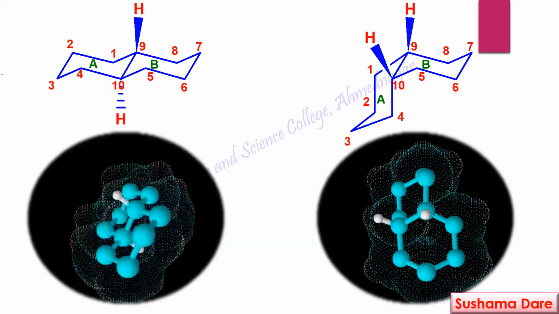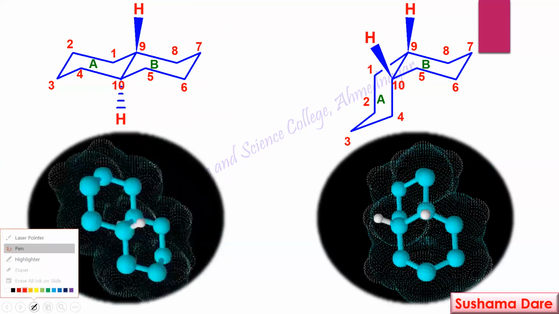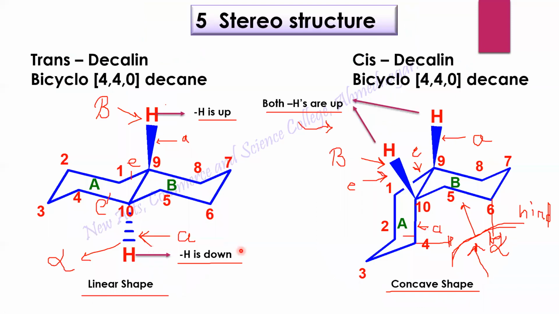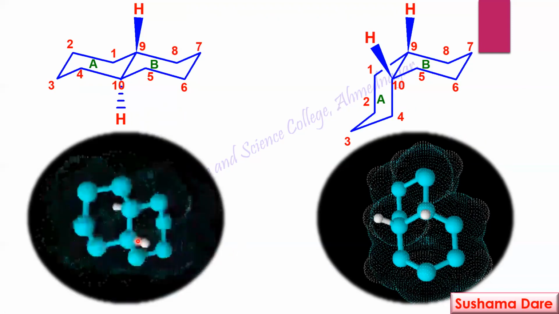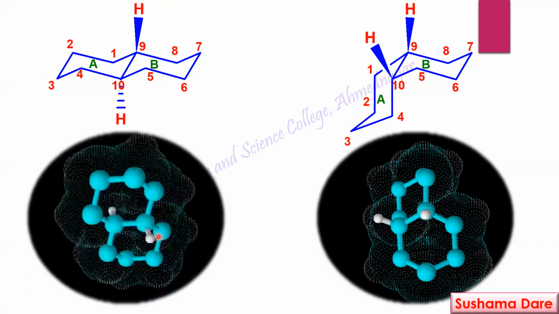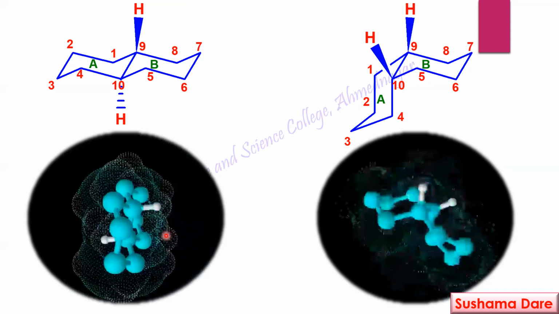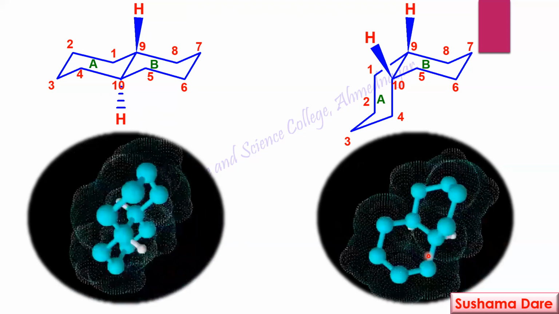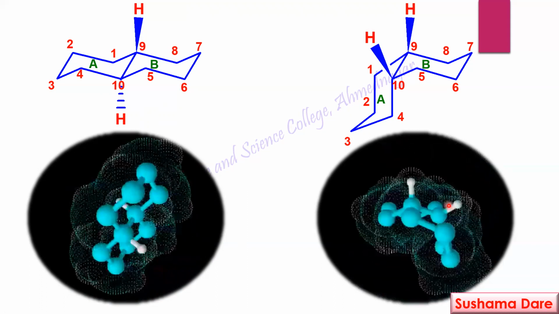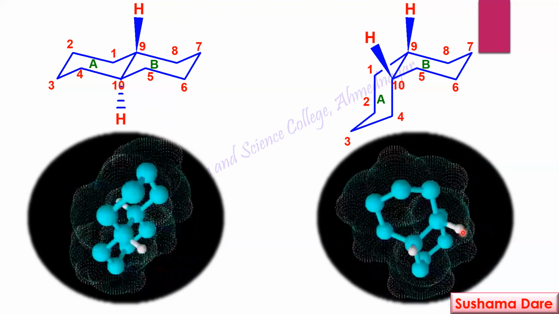In this structure, you can see these two hydrogens at the ring junction are anti to each other, that is, one hydrogen is up and the other hydrogen is down. And in the cis-decalin system, both these hydrogens are facing in the same direction. One hydrogen is axial and the other hydrogen is equatorial.